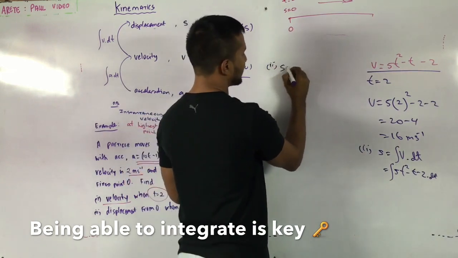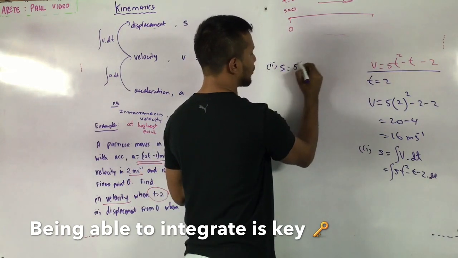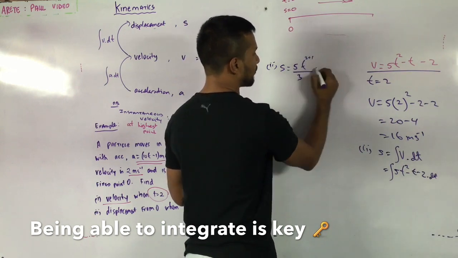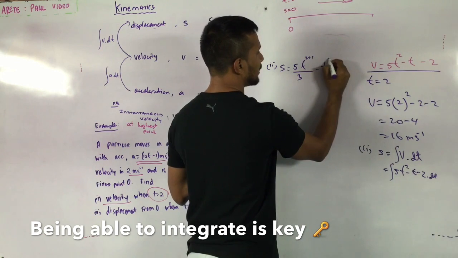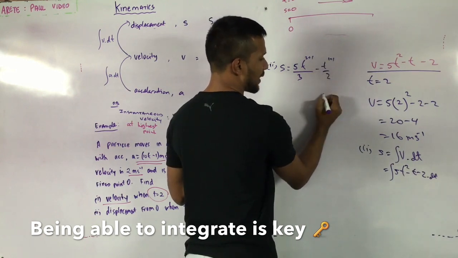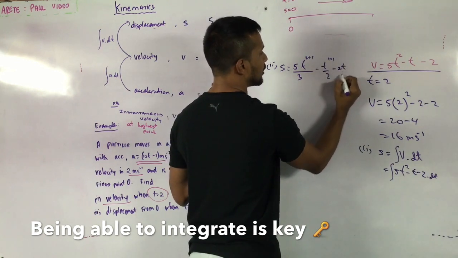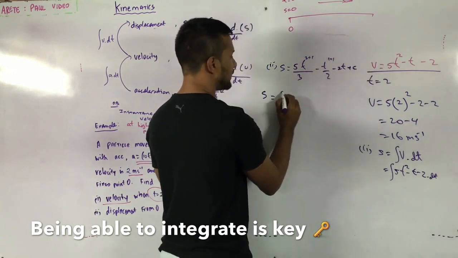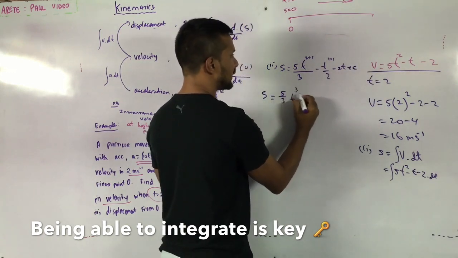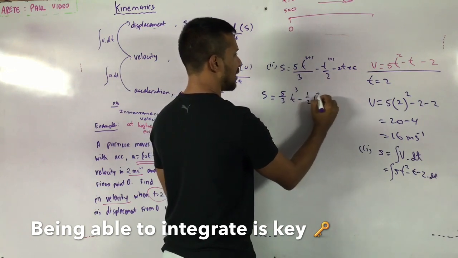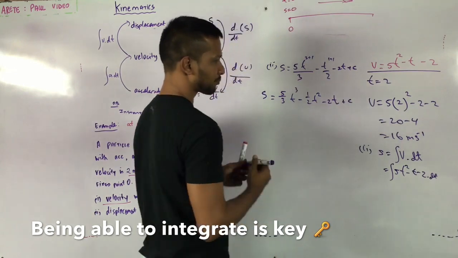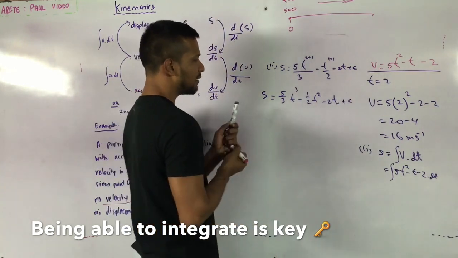So you'll get s. What's the integral of 5t squared? Add 1 to the power, divide by the new power. What's the integral of t? Add 1 to the power, divide by that. What's the integral of minus 2? Minus 2t plus c. So s is equal to 5/3 t cubed, minus a half t squared, minus 2t plus c.